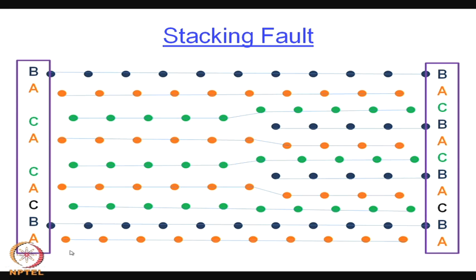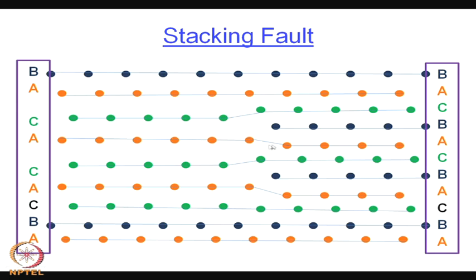So, the perfect lattice has an ABC stacking on this side. You can see some deformation has taken place on the left part of the crystal, whereas this is the perfect crystal, and if you notice the stacking sequence, you will see ABC, ABC, ABC, so an FCC lattice.